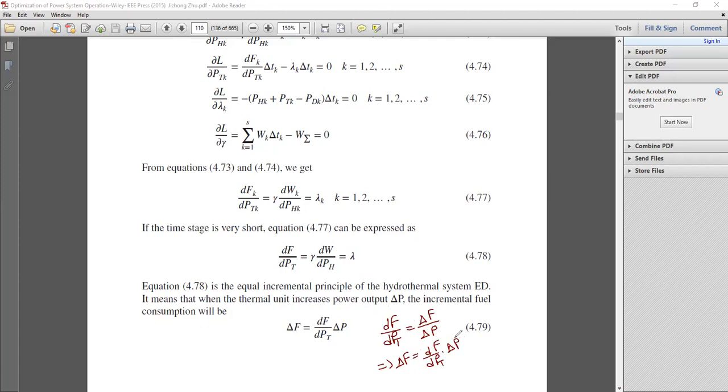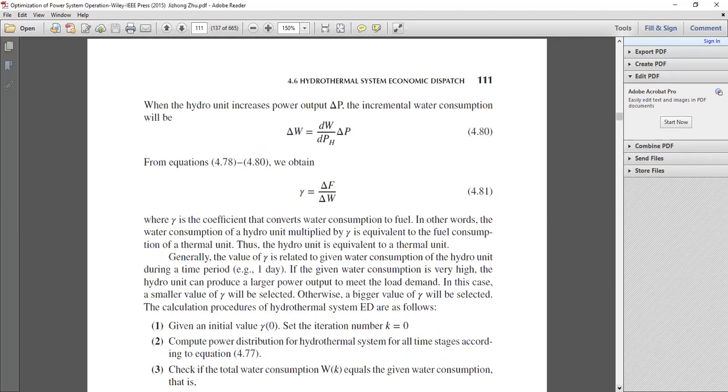Okay, a similar thing could be done for the hydro case. If we do the similar thing for the hydro case, we get equation 4.80. This is something like saying del w over del p, this is w not omega, is assumed as dw over dph.